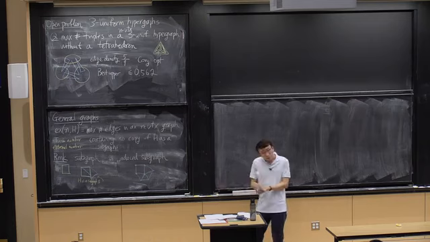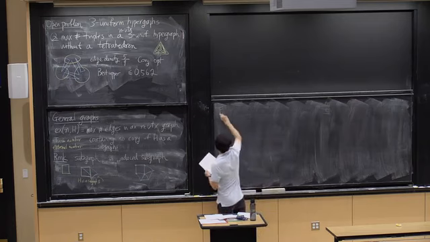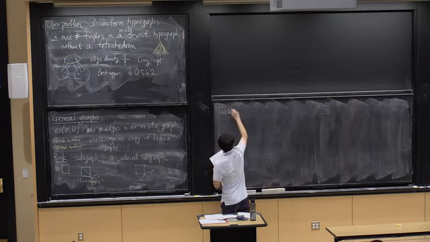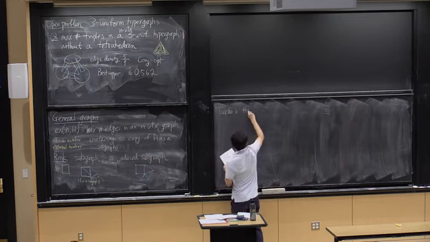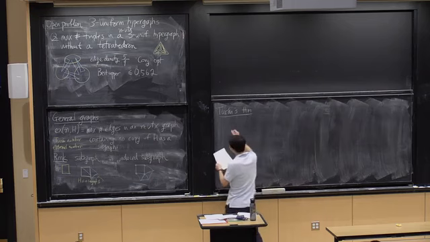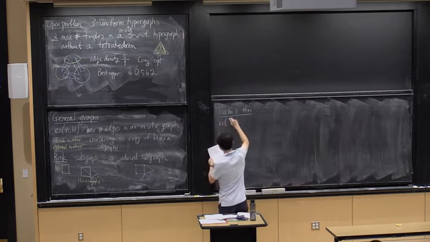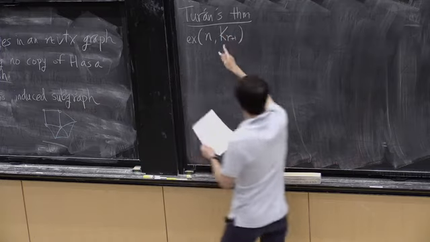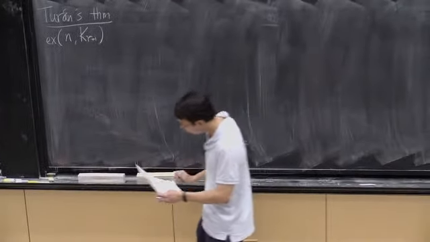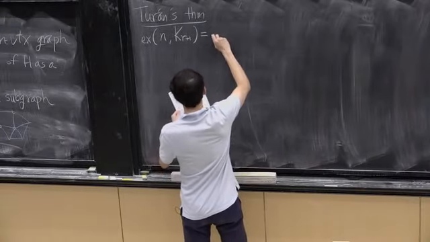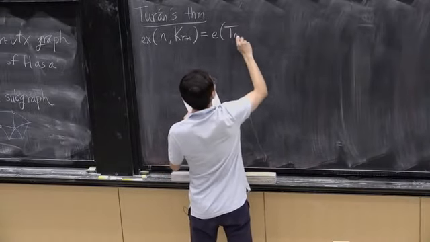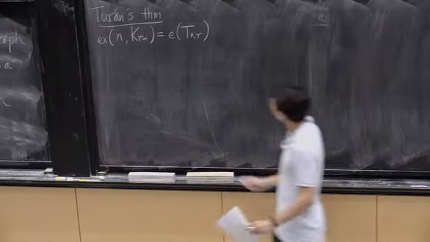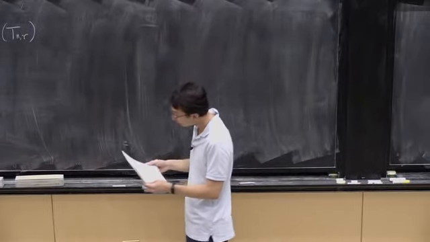All right, so let's recap what happened for Turán's theorem. Turán's theorem told us that the extremal number of these cliques, we know very precisely to be the number of edges in the Turán graph.